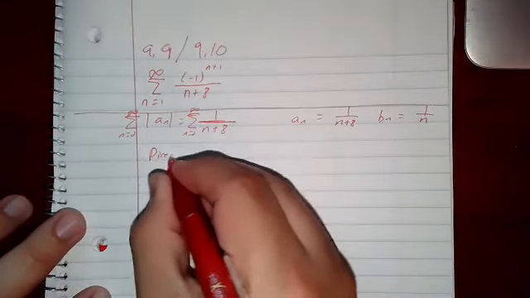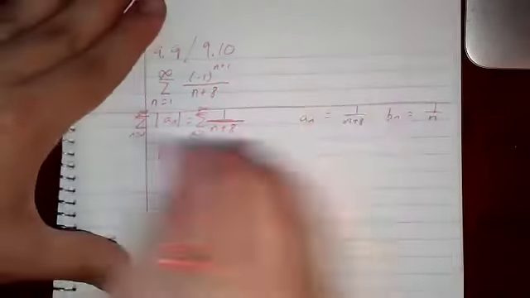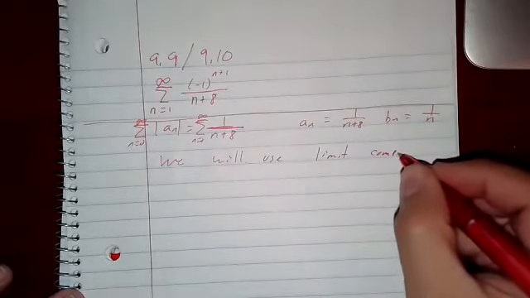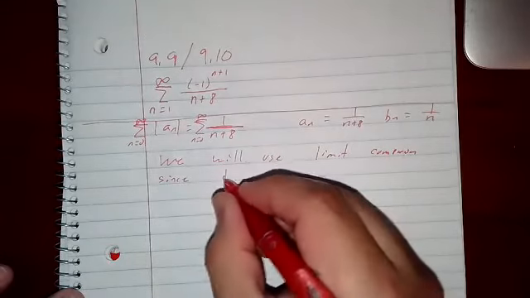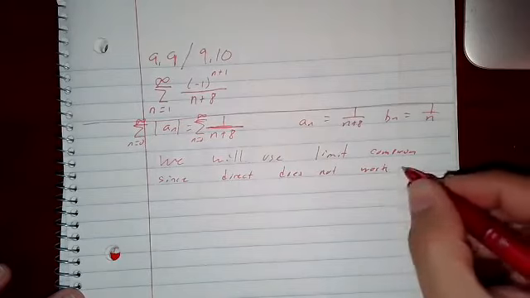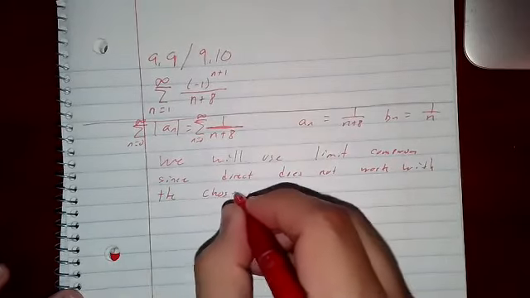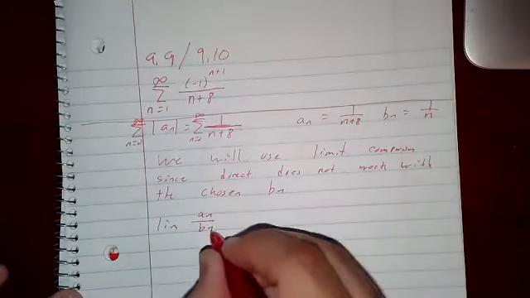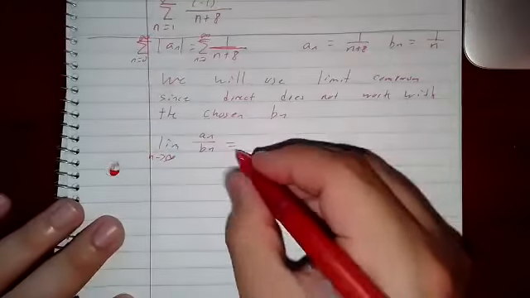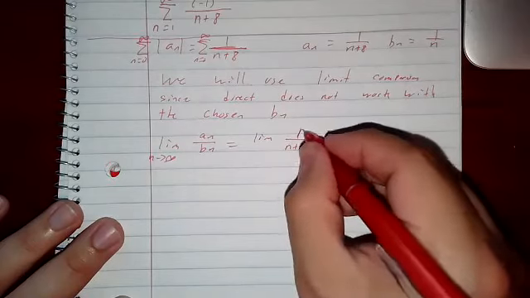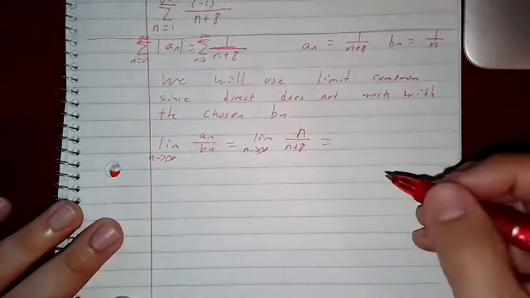So we use limit comparison since direct does not work with the chosen b_n. So the limit of a_n over b_n as n goes to infinity is equal to the limit of 1 over n plus 8 over 1 over n, when I flip the fraction, which would be equal to what?